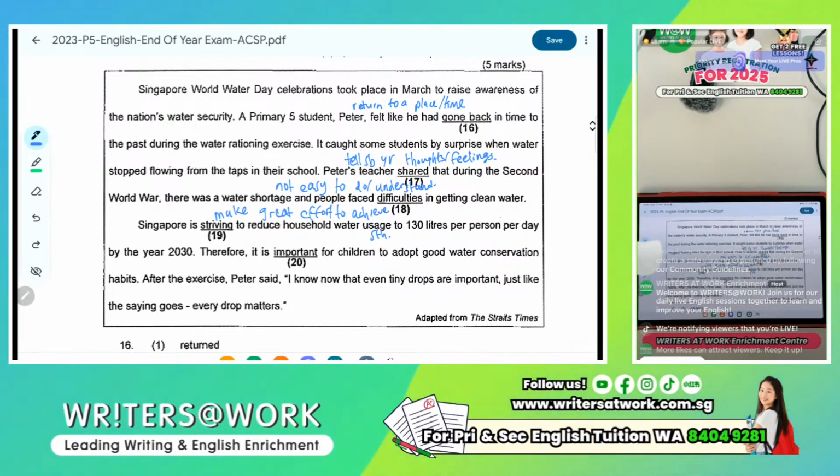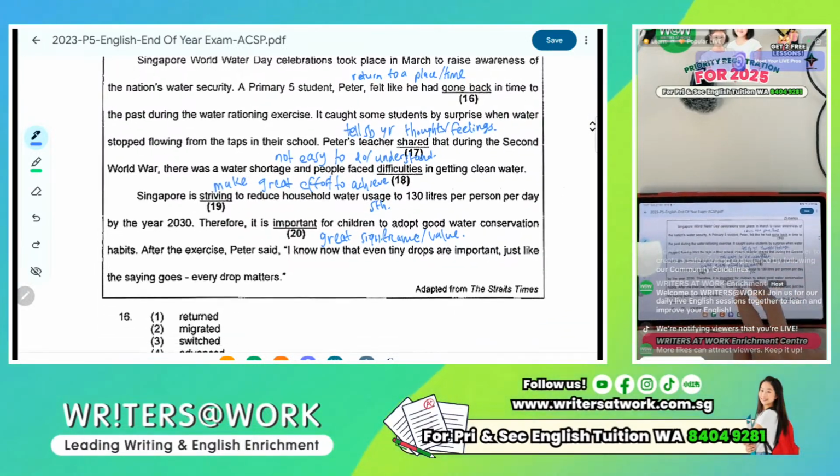Okay? By the year 2030, therefore, it is important for children to adopt good water conservation habits. Important here means something is of great significance or value. Alright? Okay.